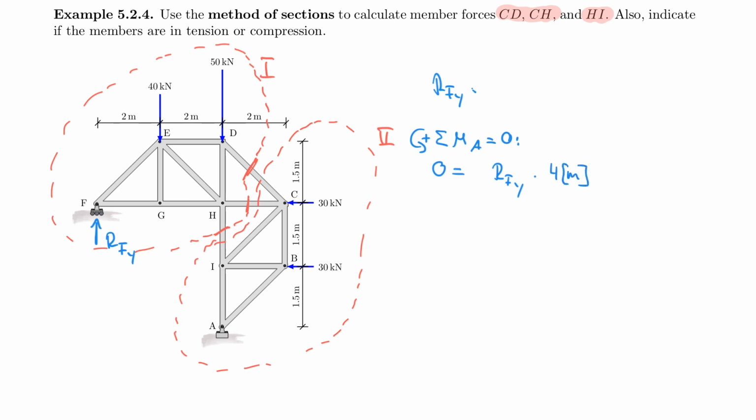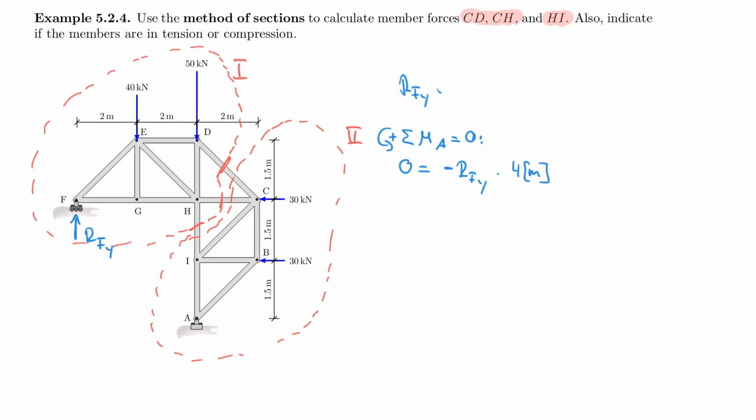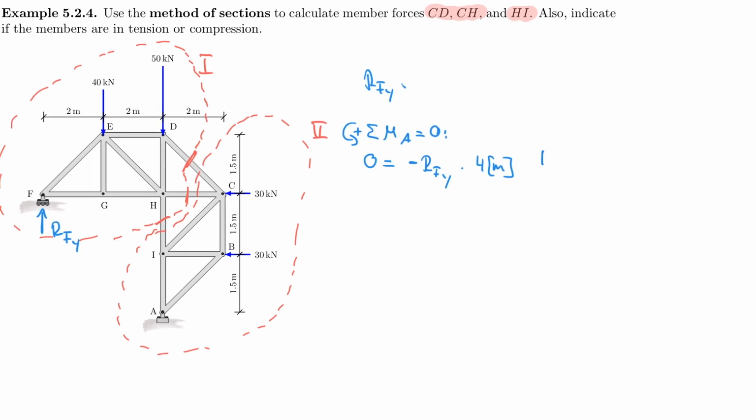And then I also have to include all the other external forces, right? But before I do that, I need to set a rotational sense. RFY is turning clockwise, so that's negative. And now all my other forces, so 40 kilonewton multiplied by 2 meters. And that rotates counterclockwise, therefore it's positive.